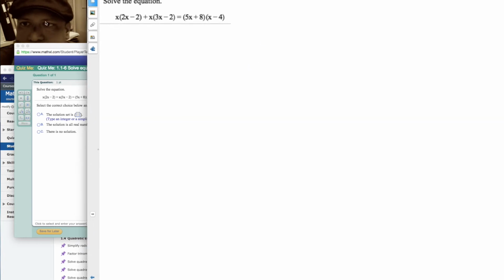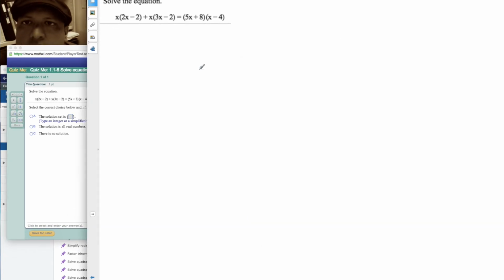Okay, so let's solve this equation here. So we have 2x squared minus 2x. Then this x becomes plus 3x squared minus 2x.